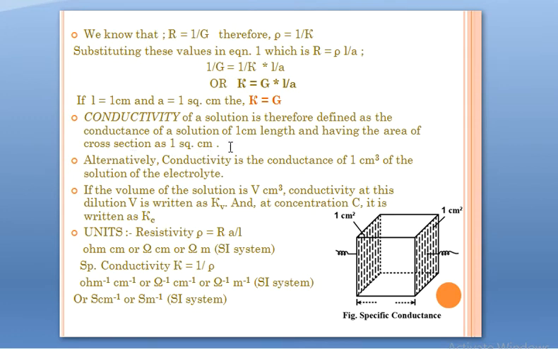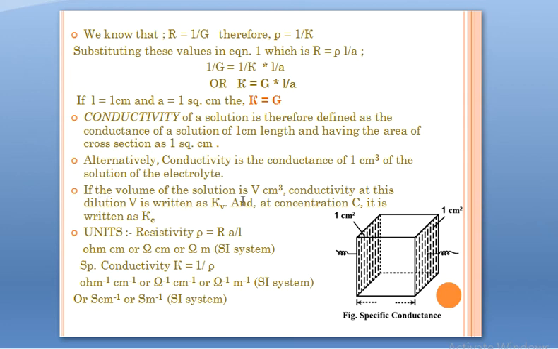These are the specific values, then only kappa conductivity is equal to G conductance. Alternatively, you can define this as taking all the three dimensions, length, breadth and height. We can say in simple terms, conductivity is the conductance of 1 cubic centimeter of the solution of the electrolyte, right?